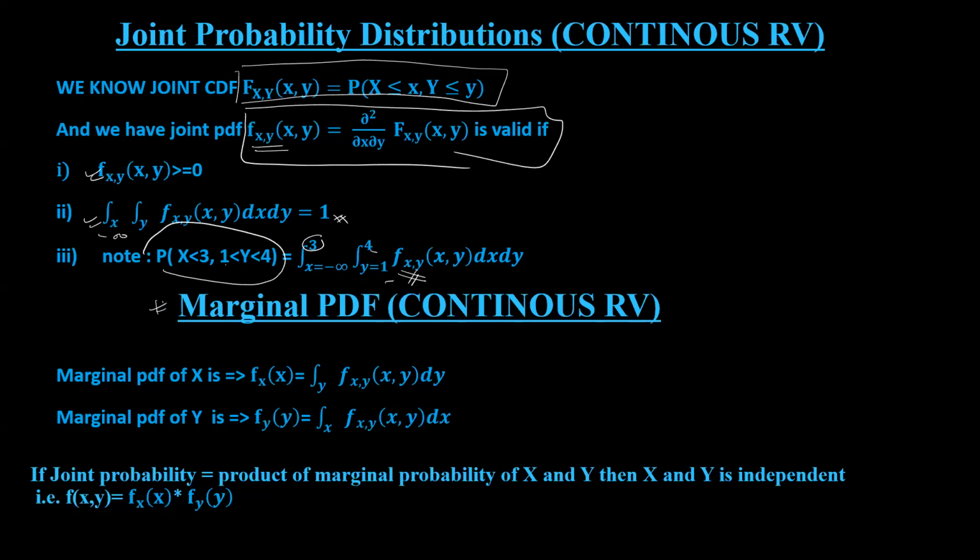Now, in this case, the marginal probability function is defined in mathematical expression of this part, because it is continuous, so everywhere I have integration. If you want to find the marginal probability of x, you have to integrate with respect to y. That's the only thing you have to know. If you want to find the marginal probability of y, you have to integrate with respect to x, and whatever the given density function, that you plug in here.